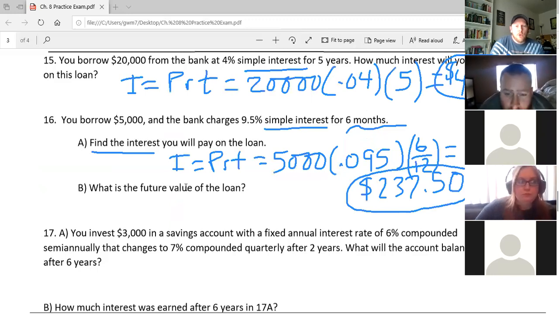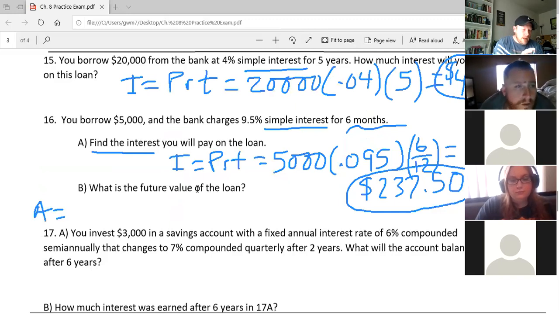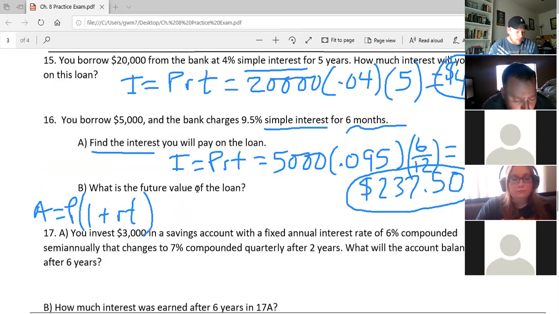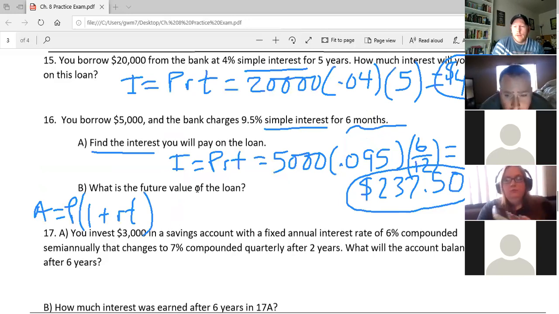B, what is the future value of the loan? So now that is number 2 on the formula sheet. So it says A equals P times 1 plus RT. And if you want to plug in and solve that way, that's awesome. We'll do that. But there is an easier way for this problem.